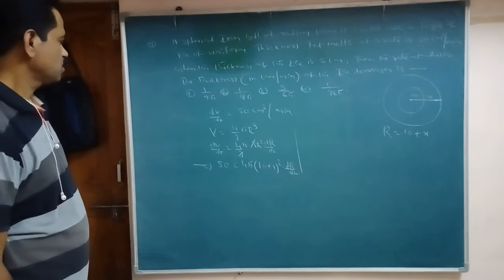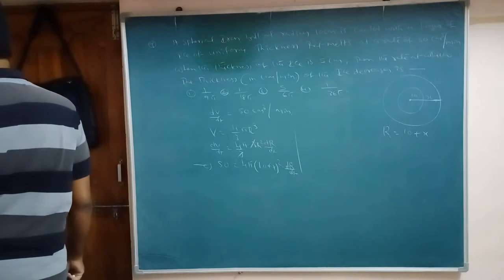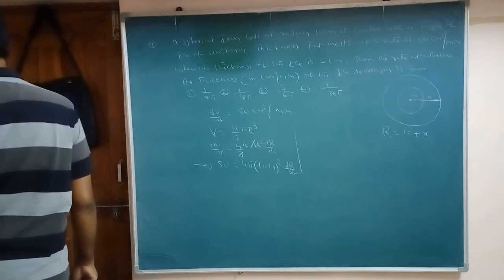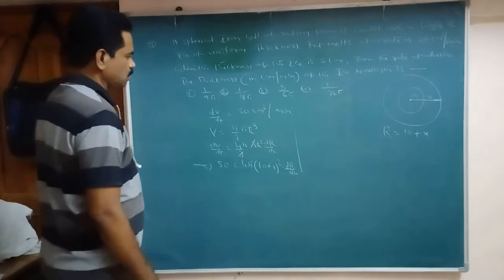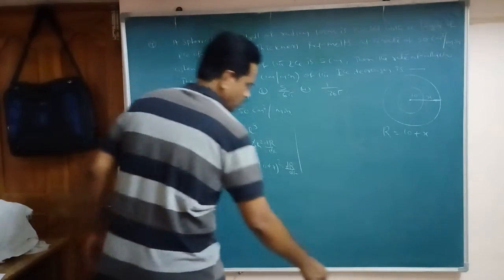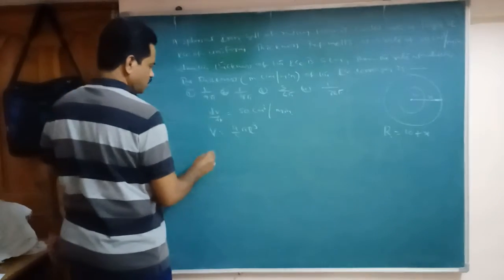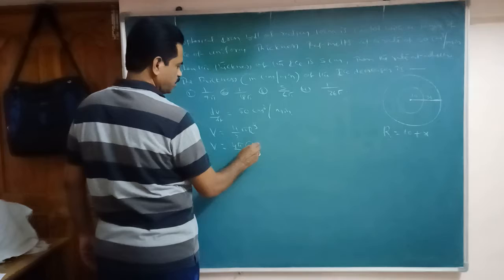Next, substitute here. V equals 4 pi by 3 into R cube, where R is 10 plus x whole cube.